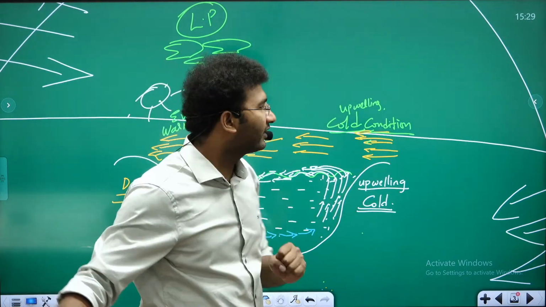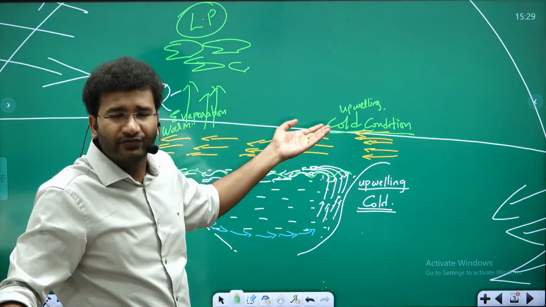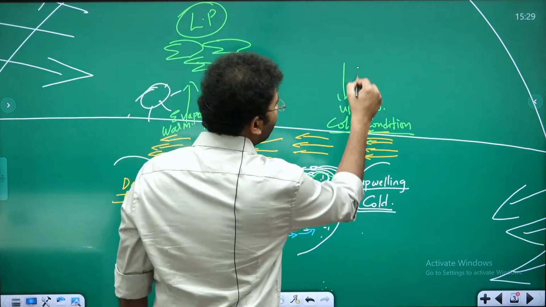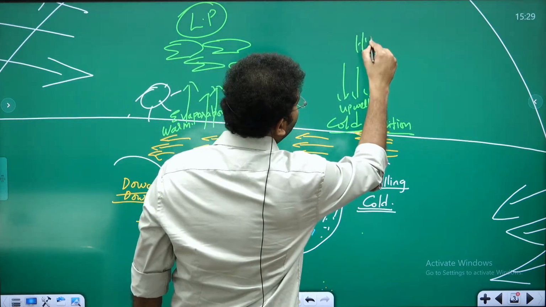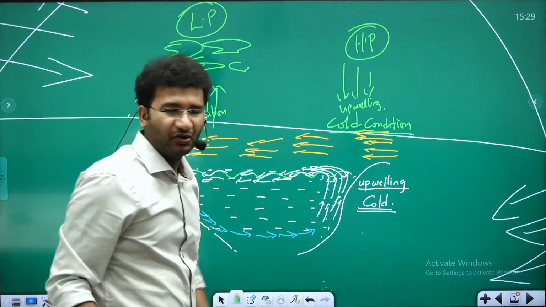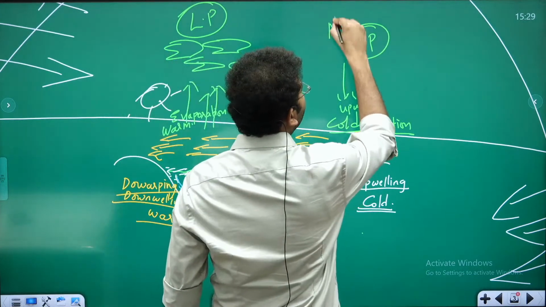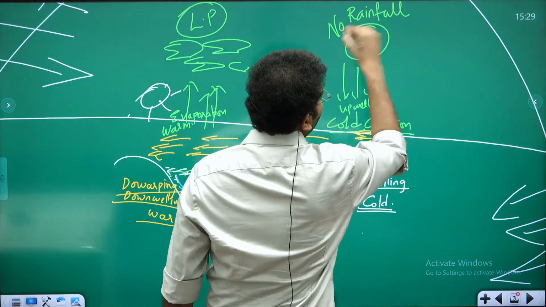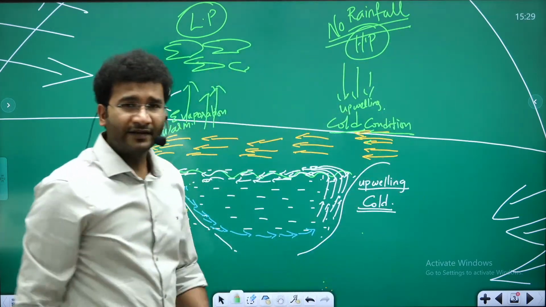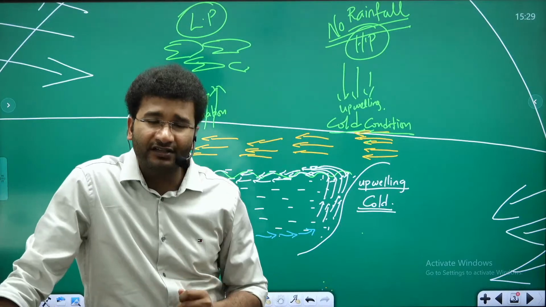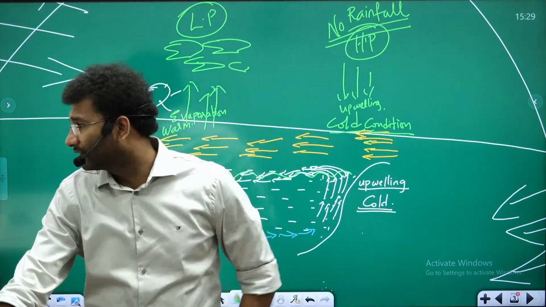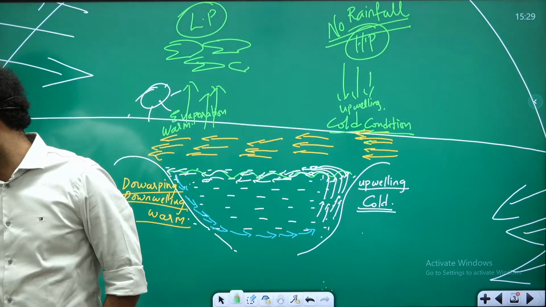That is the reason why it cannot shed any rain. Because of this, you will have high pressure conditions, no rainfall, and even if there is rain, very little. And like this, it is influencing the distribution of ocean water temperature and the climate above also. You'll get to see even the climate is getting influenced.